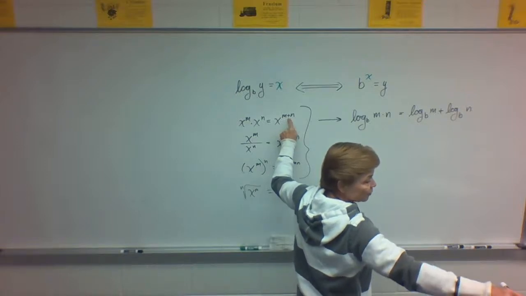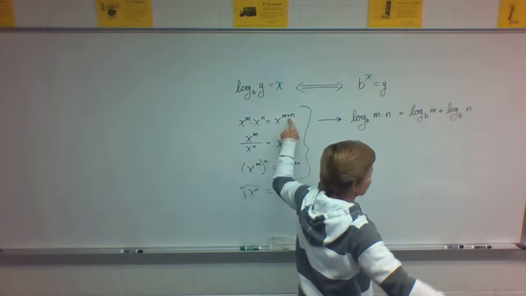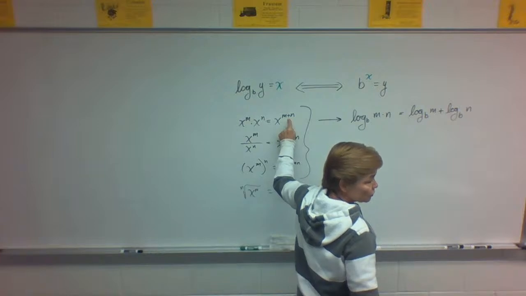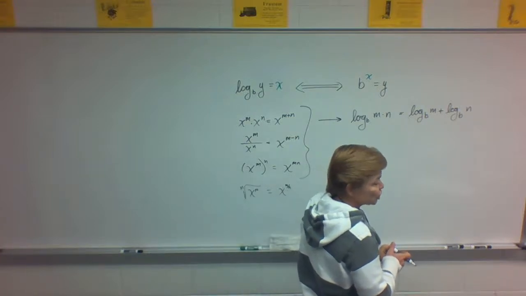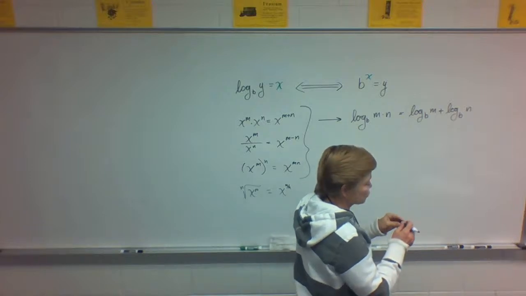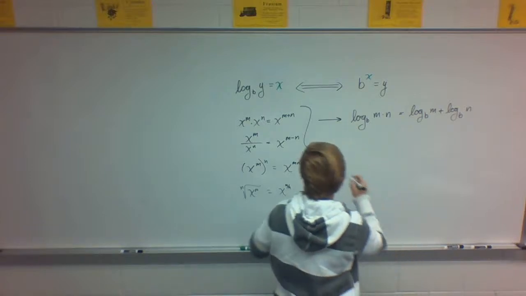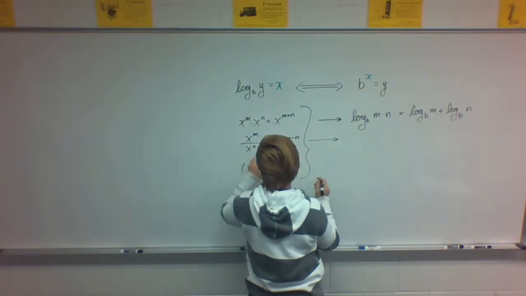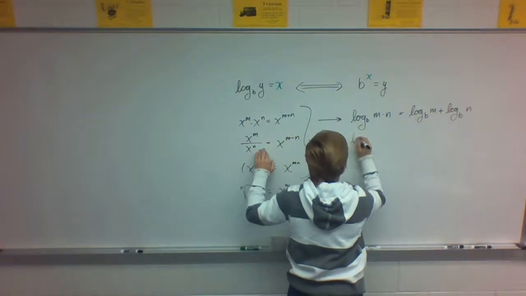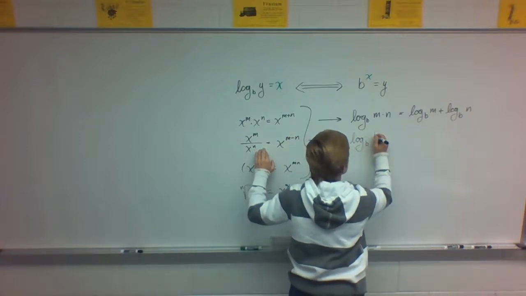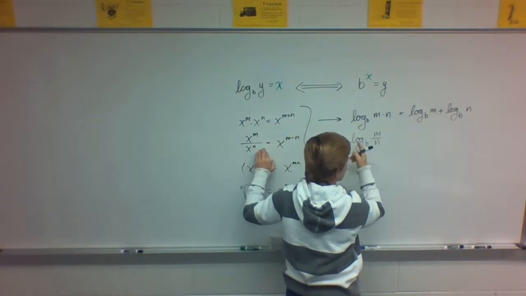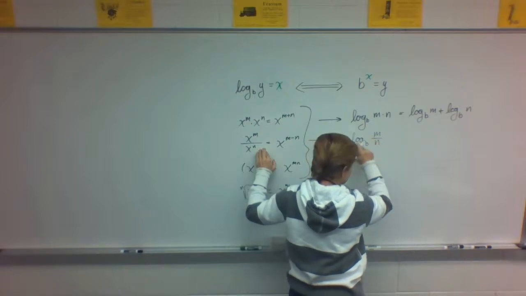Now I've got information right here. I probably couldn't do it without looking at my paper, but I can prove these to you if you're interested in seeing it. If you want to see it, I can show you why this actually comes out to be true mathematically, if you'd like. Quotients, like this, the log of a quotient. I mean, this is an exponent.